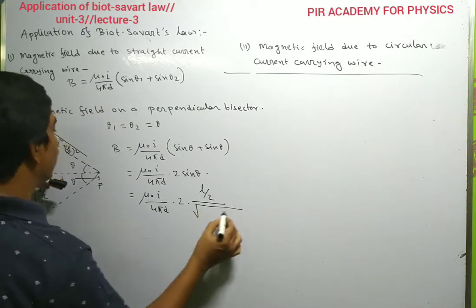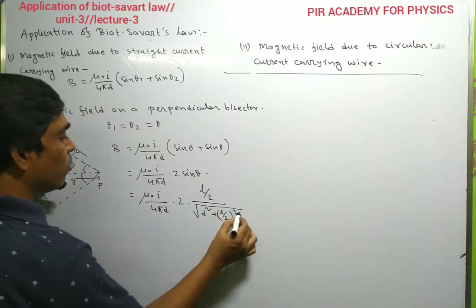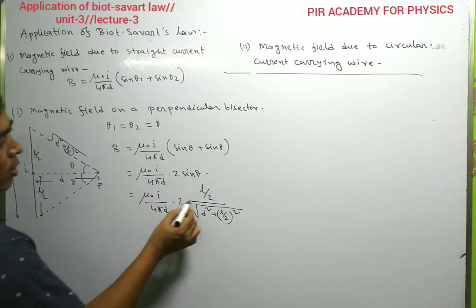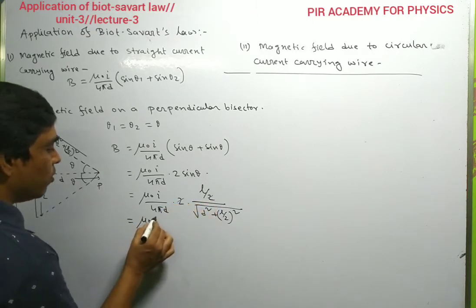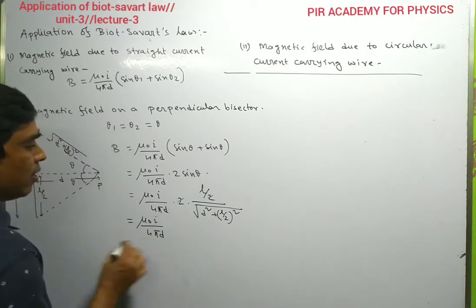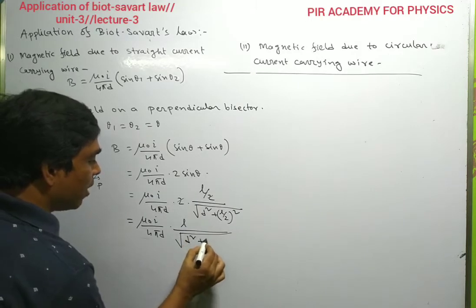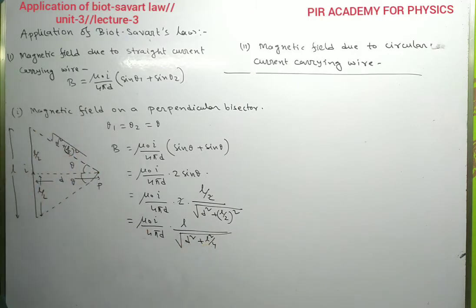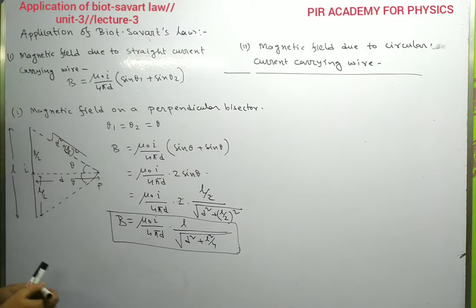So this side is root over d square plus L by 2 whole square. So these two will cancel out. So it will be mu 0 I by 4 pi d into L over root of d square plus L square by 4. This is the magnetic field at P for a current carrying wire of length L at a bisector point.